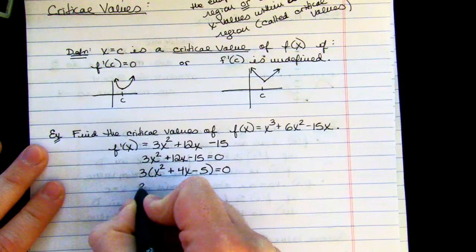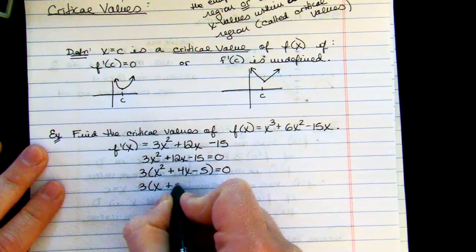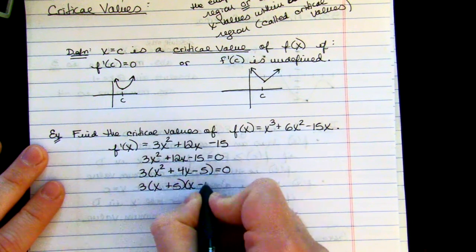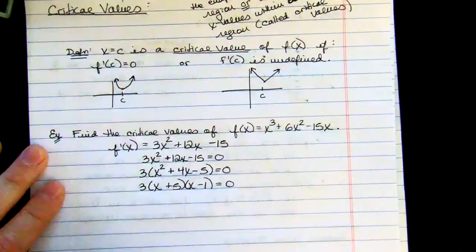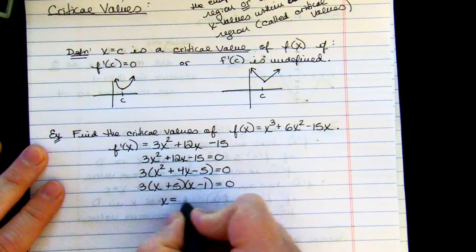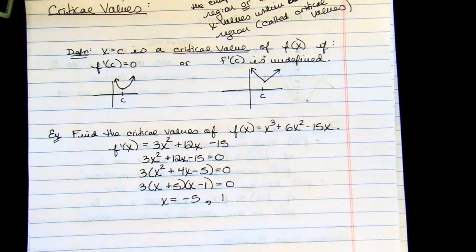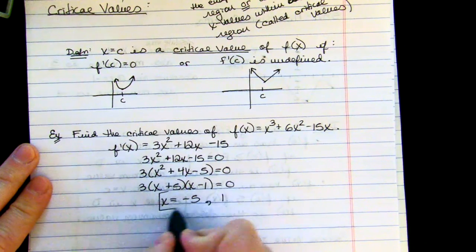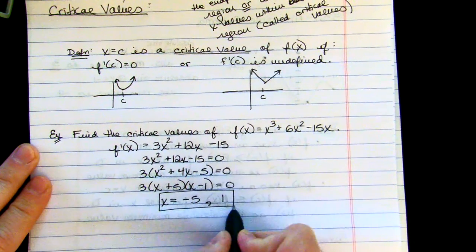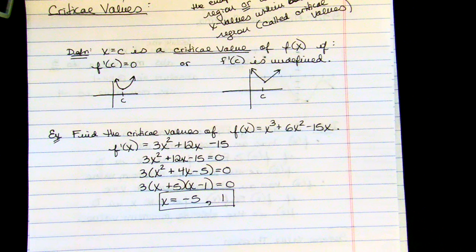I can continue factoring and say 3 times x plus 5, x minus 1 equals 0, which will give me x equals negative 5, or x equals positive 1. Those are my two critical values. Those are places where I could possibly, I'm not really sure, but I could possibly have an absolute maximum or an absolute minimum.